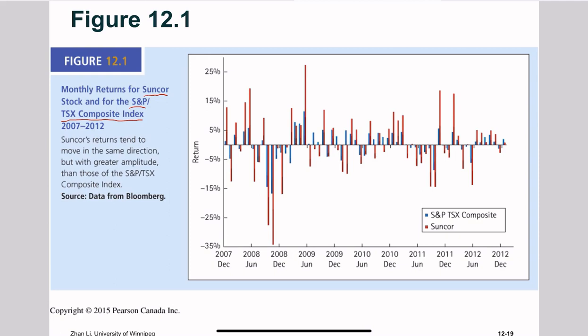This generally means that on a typical day, if TSX increases by 1%, well, maybe Suncor will increase by 2%, right? So this roughly gives you the idea that the beta of Suncor should be relatively large, right? Potentially larger than 1.